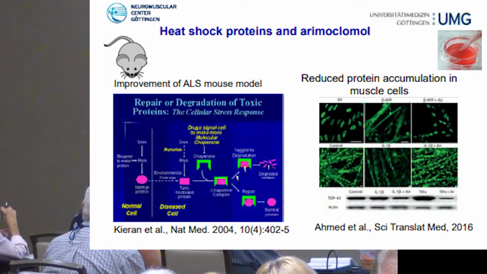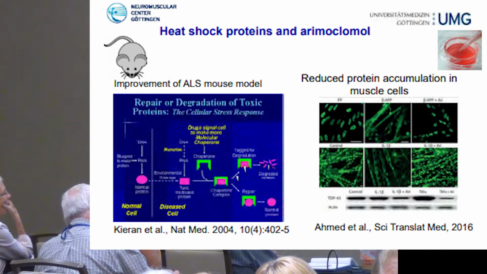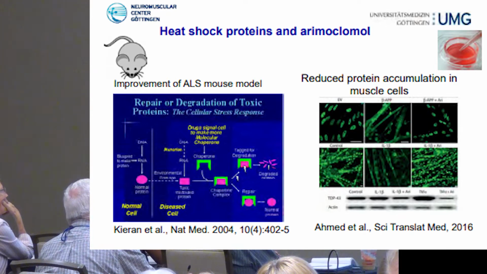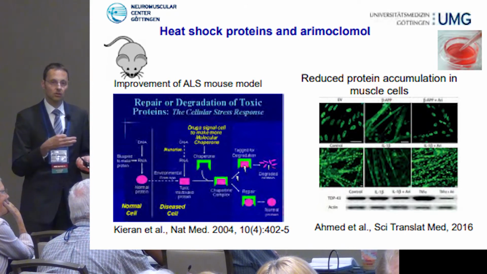In the cell culture model, it was able to block protein accumulation, both after cytokine exposure and after overexpression of degenerative proteins. And they used arimoclomol in a VCP model, valosin-containing protein.